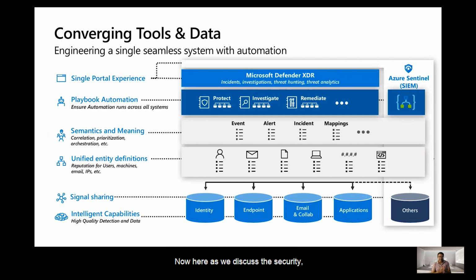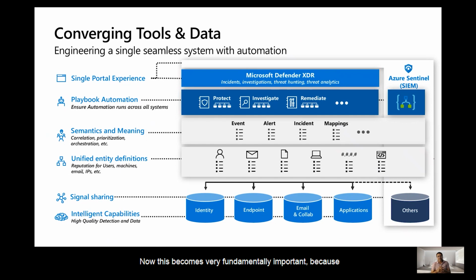Now here, as we discuss, the security orchestration automated response at the XDR level is focused on a common set of unified patterns of activities which can be easily dealt with and automated, reducing the load on the security operations. This has been curated on the basis of years of learning, of understanding how these common attack patterns are and how exactly these things can be addressed at this layer.